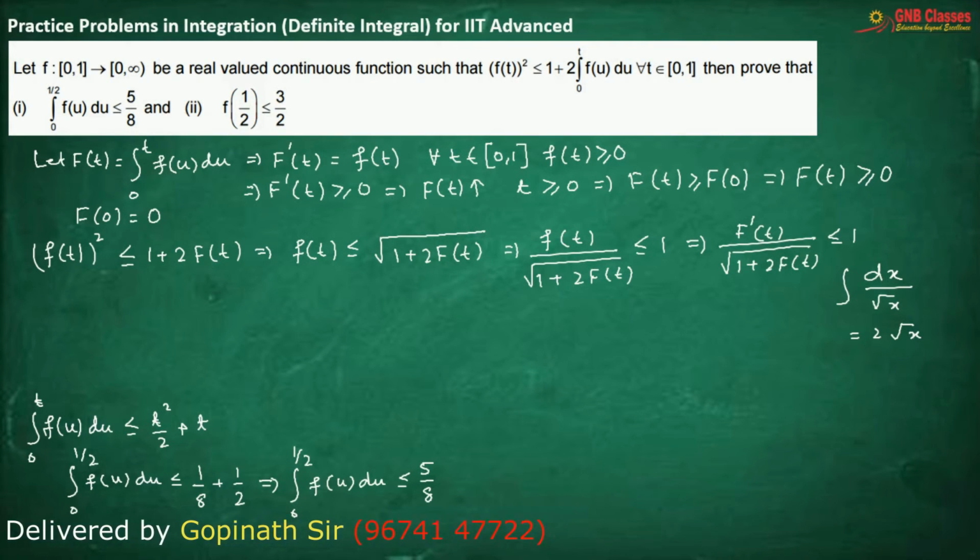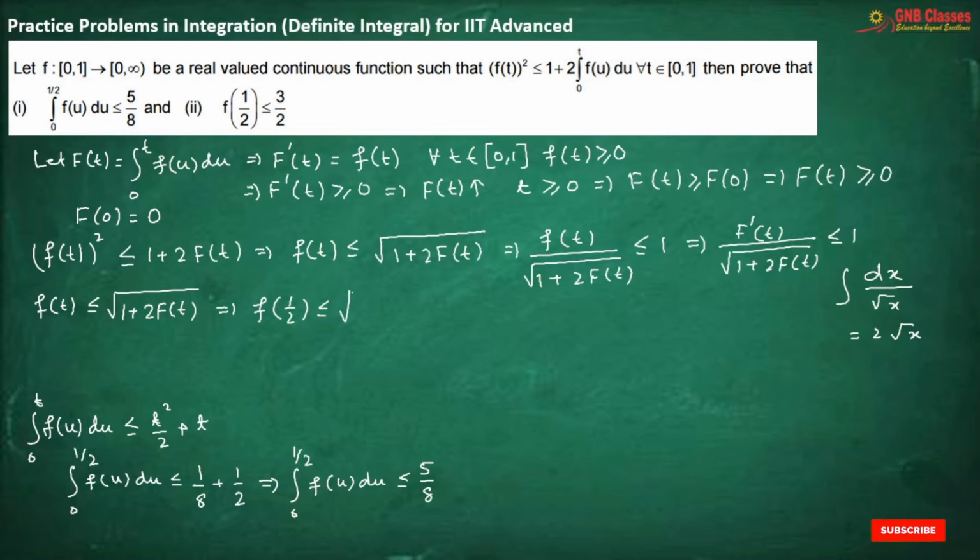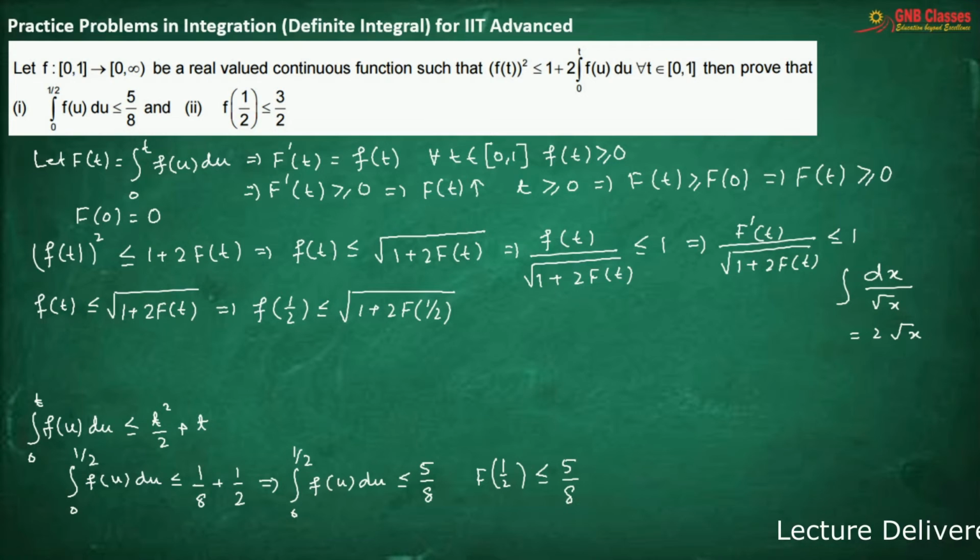Now we have small f(t) is less than or equal to the square root of 1 plus 2 times capital F(t). So f of half is, is it clear? Now we have already proved that capital F of half is less than or equal to 5 by 8.